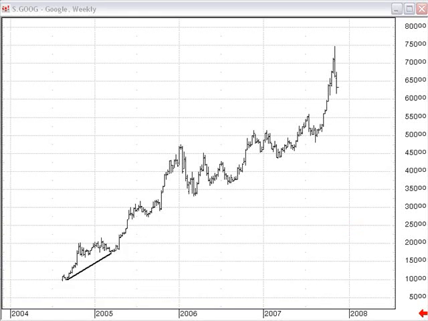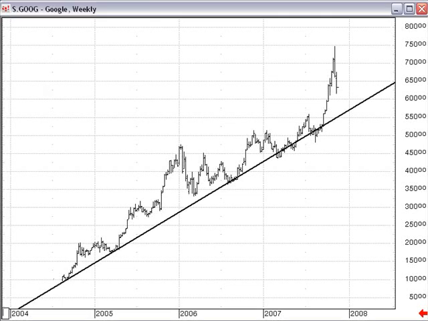Excuse the pop-up. As you can see, this one little trend line we drew between the lows in '04 and the lows in '05 actually was consistent and provided support for a number of instances, for a number of retracements or counter trend moves within the advance that we've seen in Google since then.